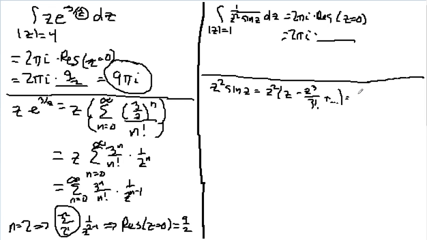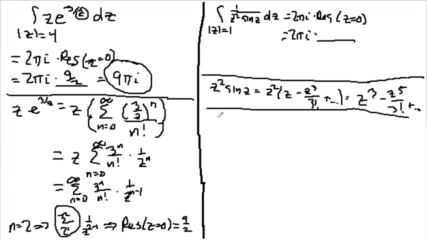If I distribute that through, I get z cubed minus z to the 5th over 3 factorial plus and so on. Now, to figure out the Laurent series for the integrand, I know the denominator as a power series, so I can just do polynomial long division. How many times does z cubed minus z to the 5th over 3 factorial plus so on go into 1?